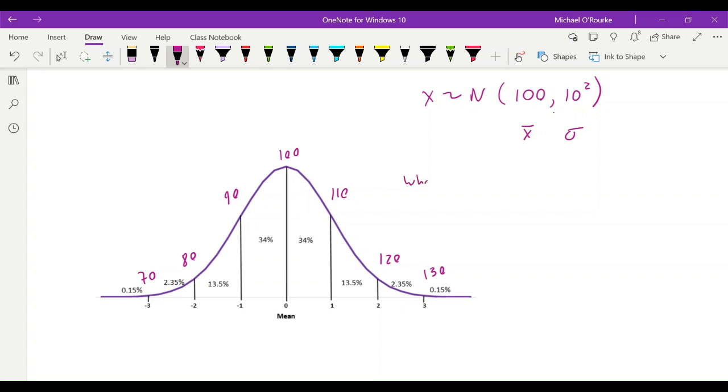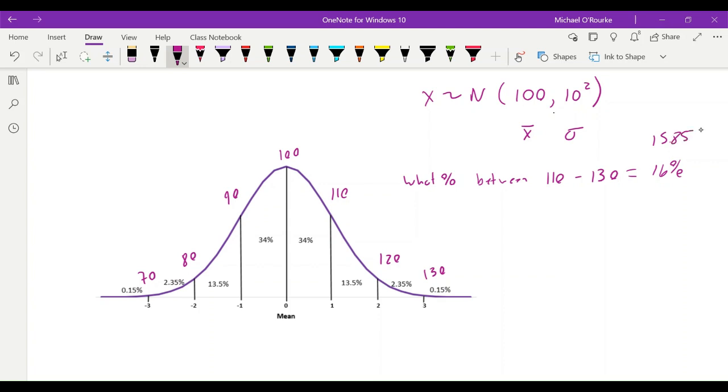What percentage of the population is between 110 and 130? That would be approximately 16%.